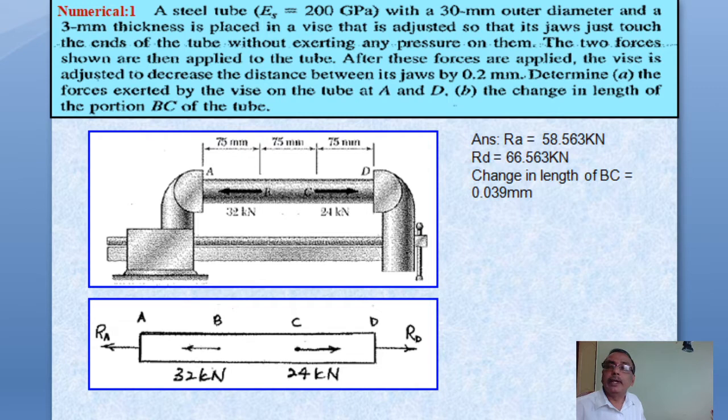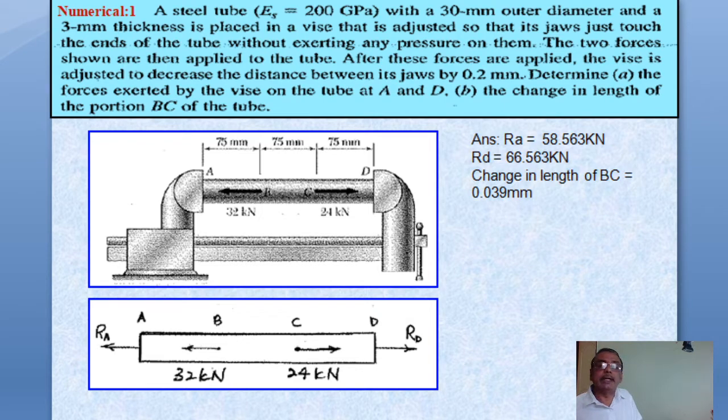After that, the two ends of the jaw are fixed and force is applied, and the vise is adjusted to decrease the distance between its jaws by 0.2 mm. It is nothing but the deformation or elongation; you have to adjust that distance by 0.2 mm. So the adjustment of distance LAD is given, so delta LAD here is equal to 0.2 mm.